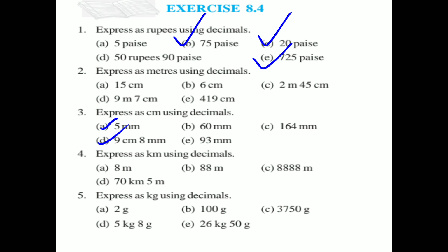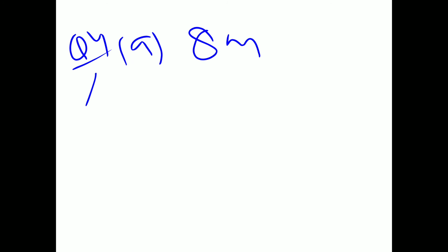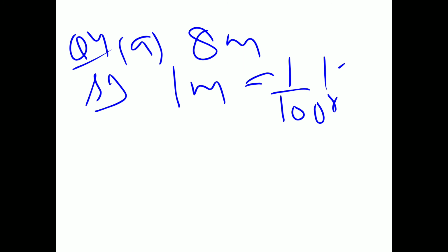Now we do question number 4. Here we do C, D and A part. B part you have to do by yourself. Question number 4, A part is 8 meter. As you all know, 1 meter is equal to 1 upon 1000 kilometer.